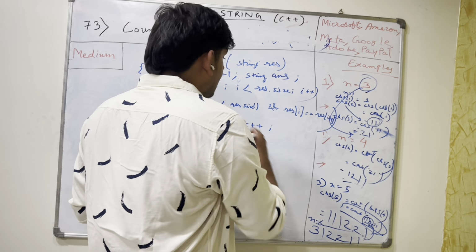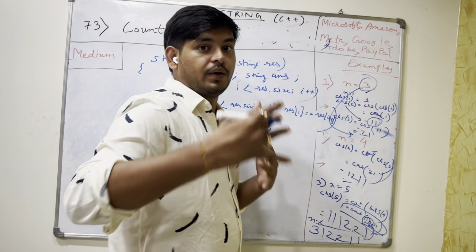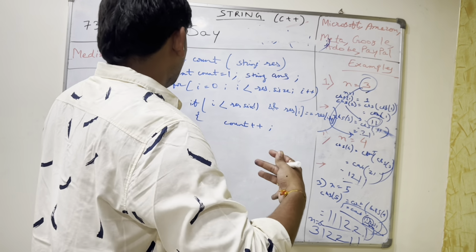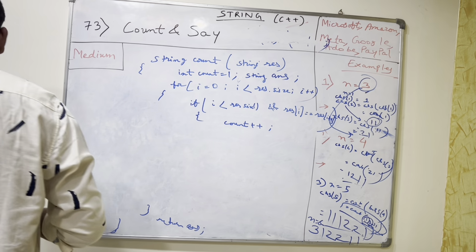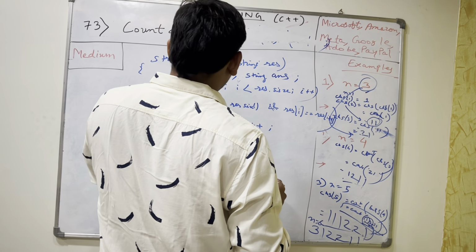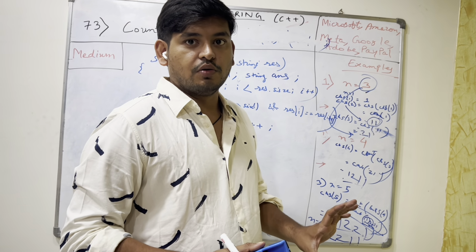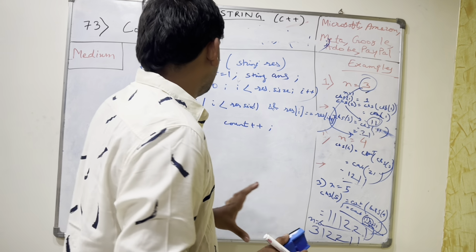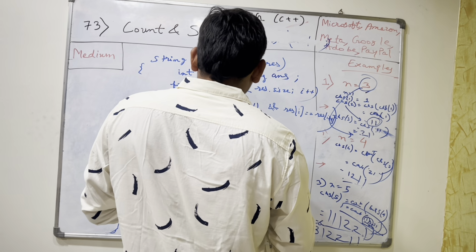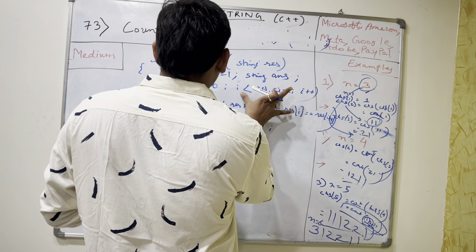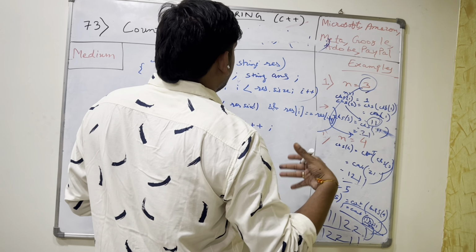But till how much? There could be 1 1 1 1 1. So there has to be a double loop, right? So instead of doing this for i equal to this thing, let's put this condition and then get into the while loop. Then here in this for loop condition, again I need to check it, right?